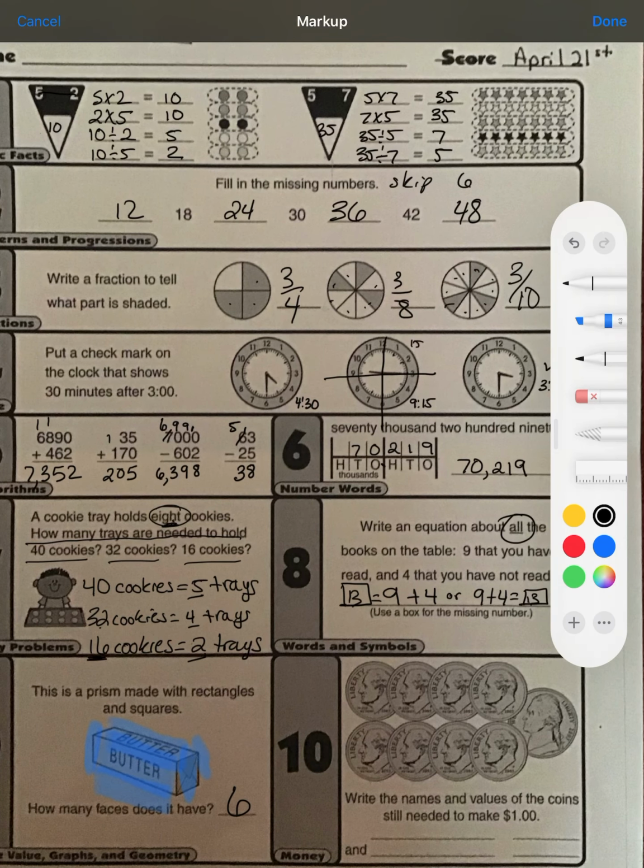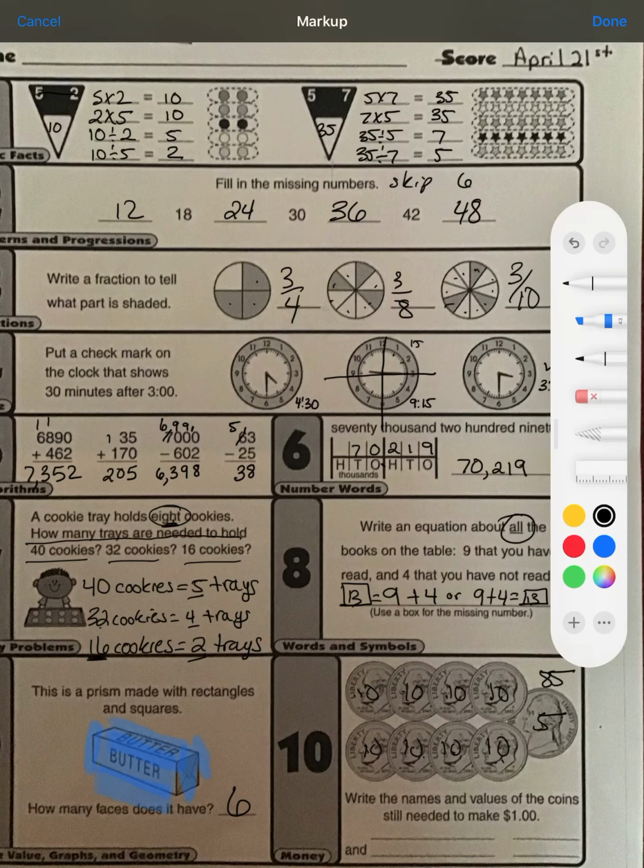Okay, money. These are dimes. They're worth 10 cents. These are nickels. They're worth 5. So 10, 20, 30, 40, 50, 60, 70, 80, 85 cents. Write the name and values of the coins still needed to make $1.